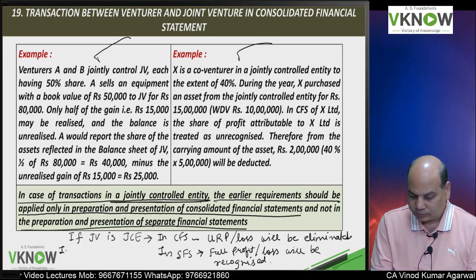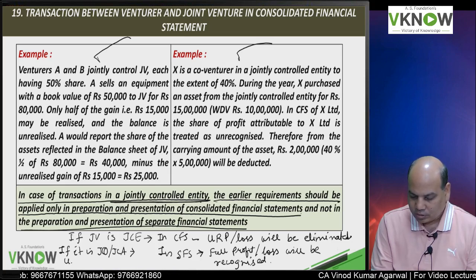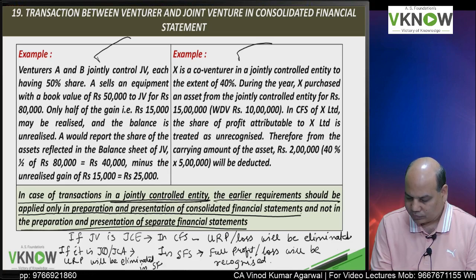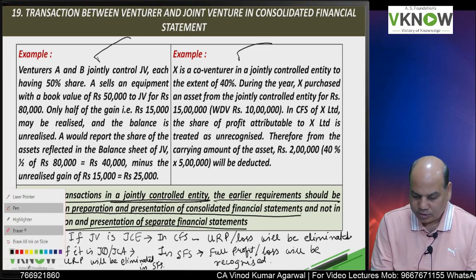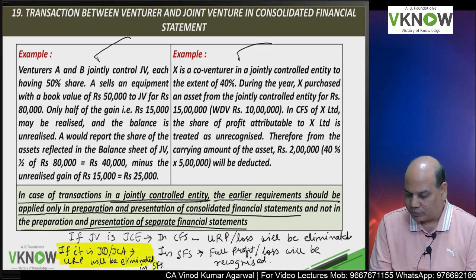If it is JCO or JCA, unrealized profit will be eliminated in SFS. I repeat, if it is JCO or JCA, unrealized profit will be eliminated in SFS.